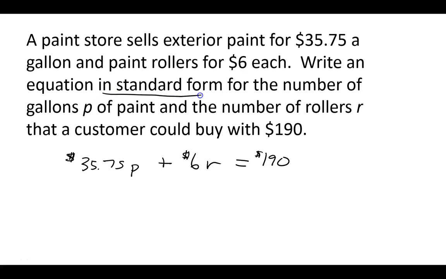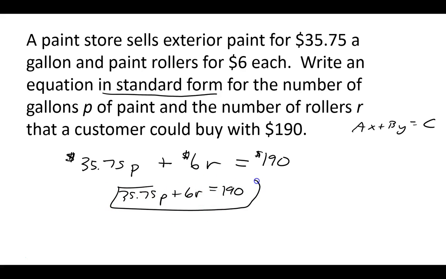Standard form is Ax plus By equals C. Maybe lose the dollar signs. 35.75P plus 6R equals 190. That's the equation that represents that linear function that comes from this word problem.